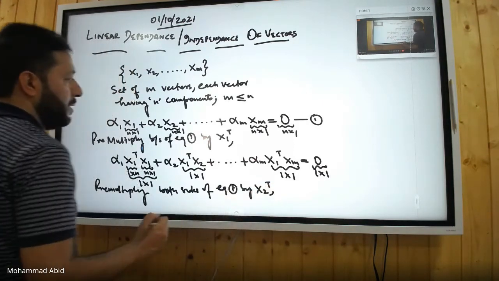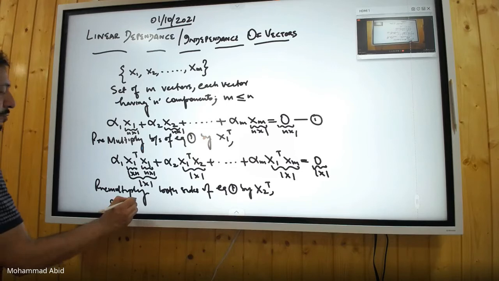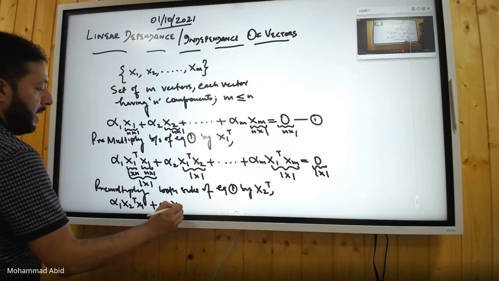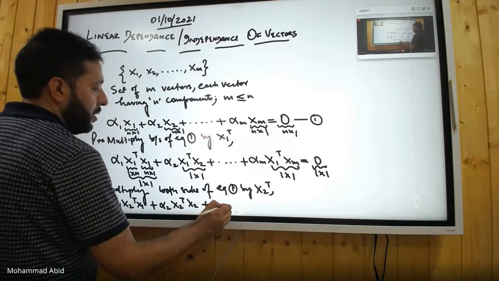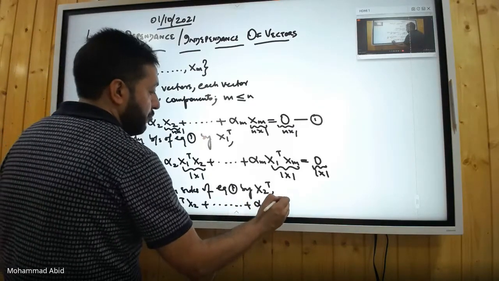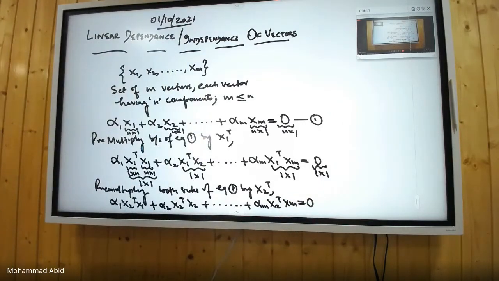What do we get? We get alpha 1 x2 transpose x1 plus alpha 2 x2 transpose x2 plus so on, alpha m x2 transpose xm equal to 0. Is that okay? Are you following me? Yes sir.